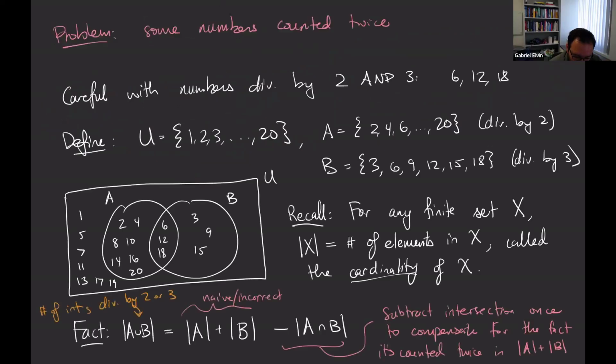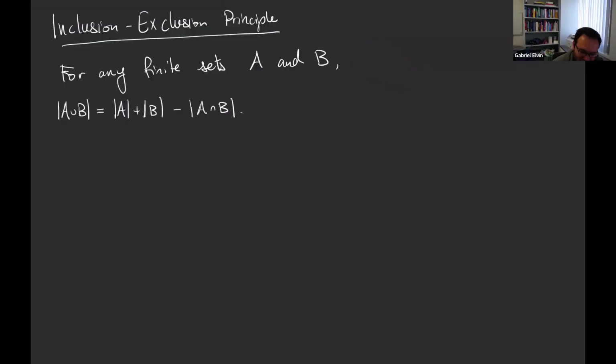And with this example, 20 elements in the universe, not too big a deal, we did just brute force count to 13. But let's actually use the inclusion-exclusion principle to confirm it, at least in this example. So check the previous example.